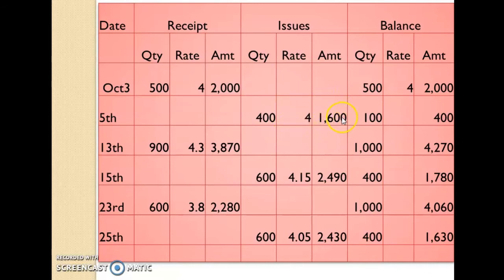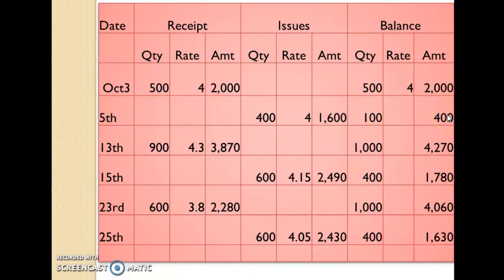So it is 1600. By deducting the 400 units from the 500, we get 100 units as our balance, and from 2000 we deduct 1600, we get 400 as our balance amount.